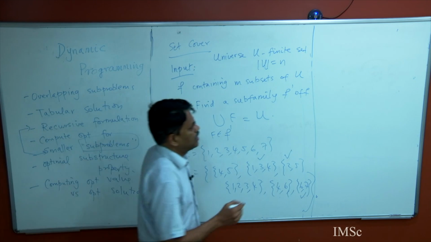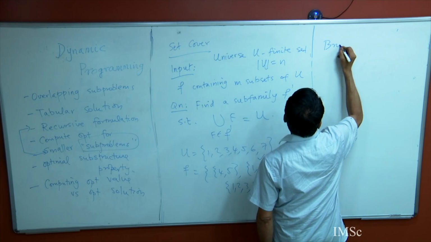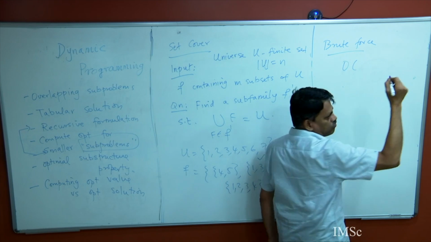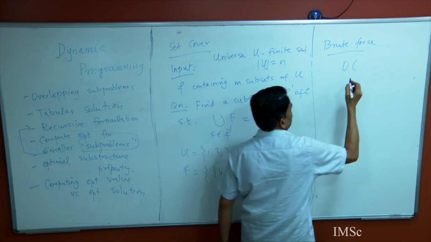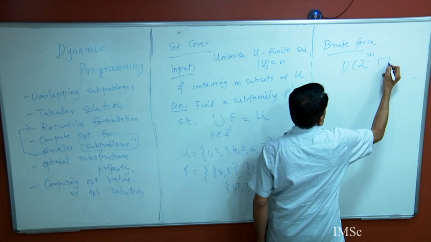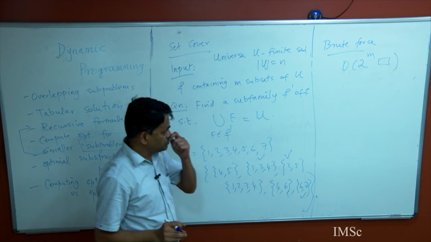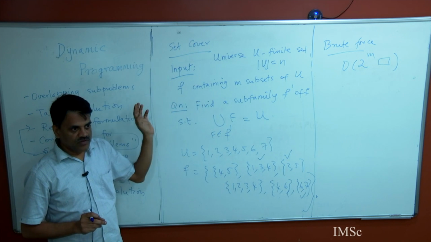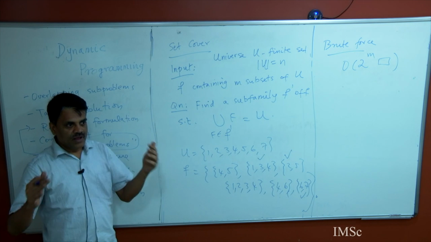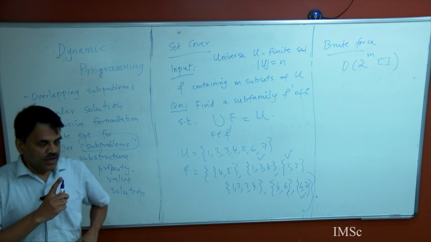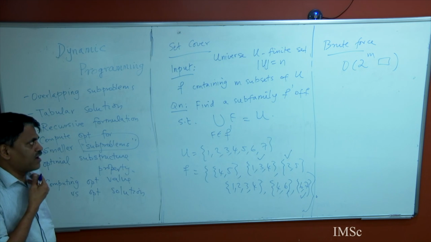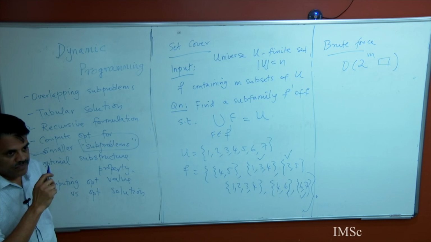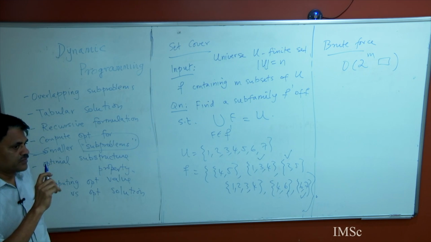So this will be of order 2 raised to m, times something to take the union of the sets and check the universe. Now, M could be very large because F is a family of subsets of the universe. M could even be like 2 raised to n. So this is somewhat of a bad running time, and we want to improve it to 2 power n using dynamic programming.